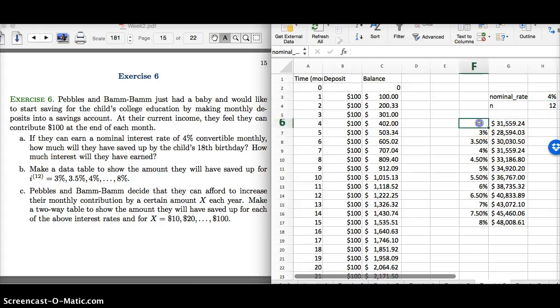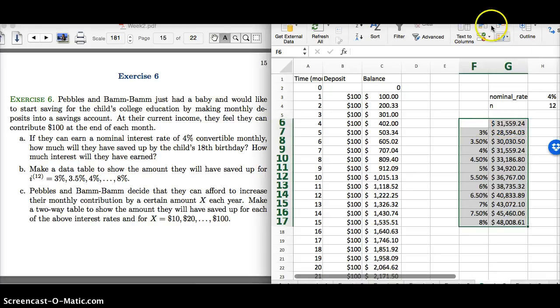So I select these two columns, including the first row, which has the computation that I just did for 4%. Then I go to Data, What-If Analysis, Data Table.